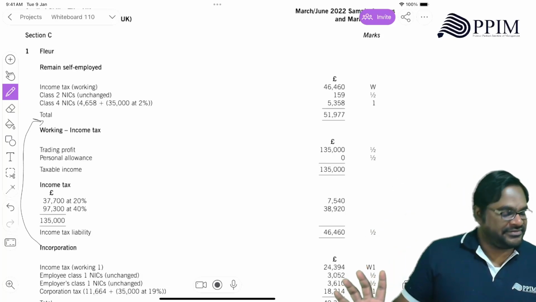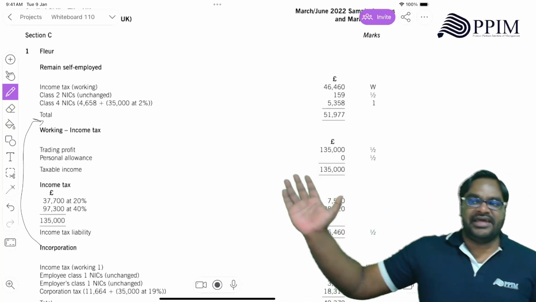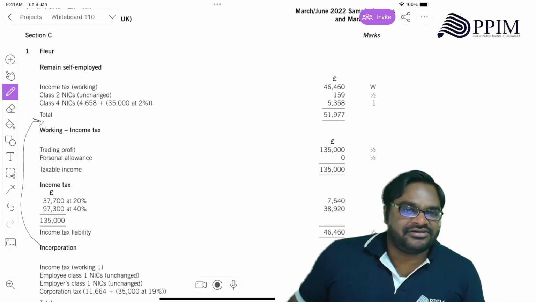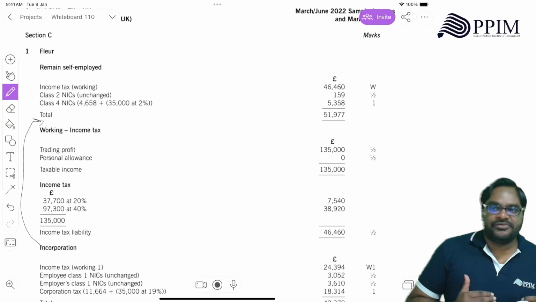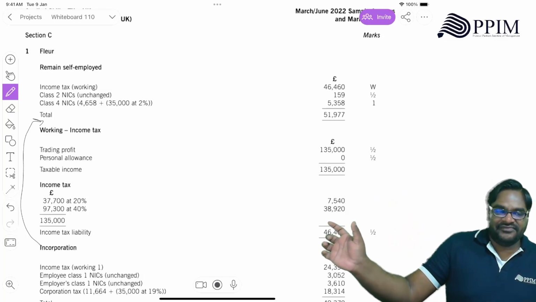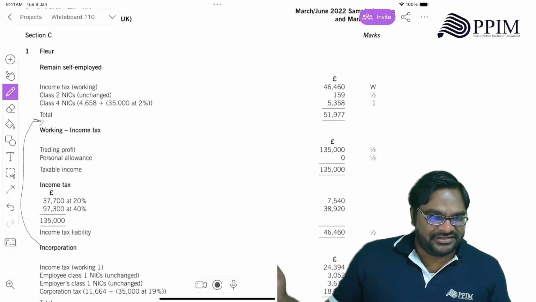Same format is fine. Then, to the right side or down, give a summary if incorporated, where they have given 4 taxes, and for each of those taxes, what would be the value. Then get the total. There itself, you can give the comparison and give the advice on what is better.